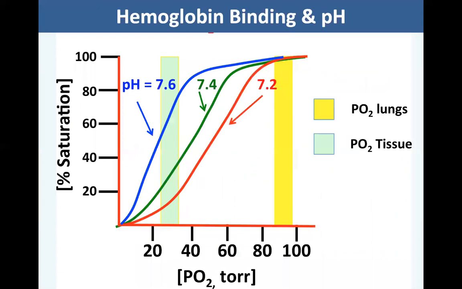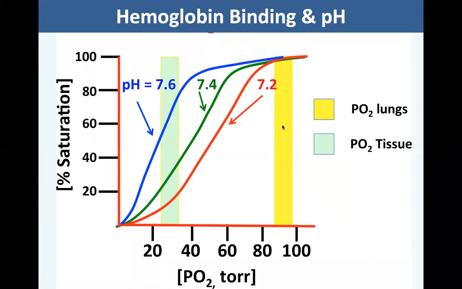Now, here's another chart about hemoglobin binding and pH. If you take a look over here, this is the partial pressure of oxygen in a typical tissue. This is hemoglobin A right here, and as you move up, you get a higher percent saturation, and as you move to the right, you get lower, or you release the oxygen.